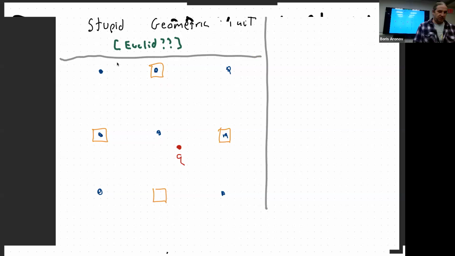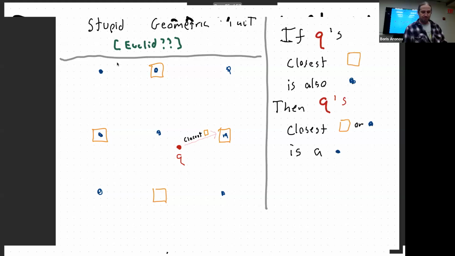I've since discovered this is not due to Euclid, but when I wrote the slides I didn't know who it was due to, so I said Euclid. So here's the stupid geometric fact. Look at Q. I'll say it, and then I'll let you stare. But here's the fact. If Q's closest orange is also a blue, then Q's closest point is a blue.